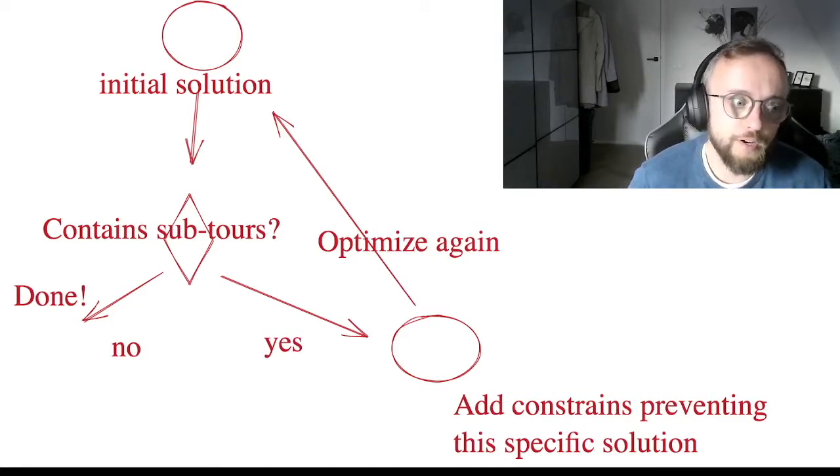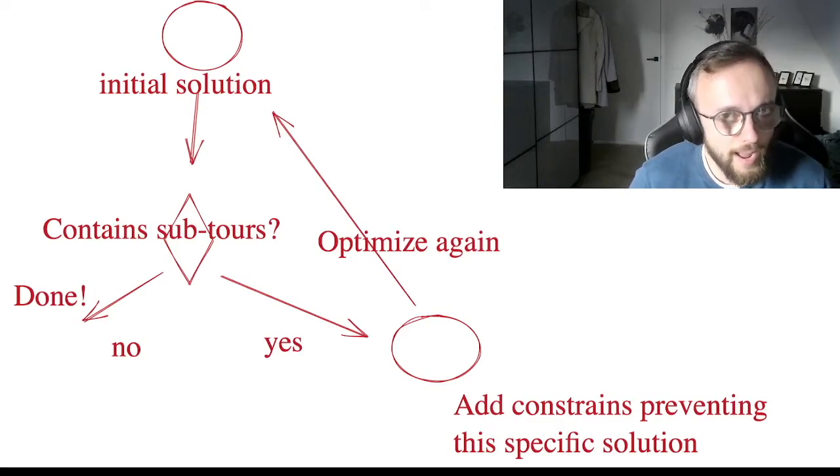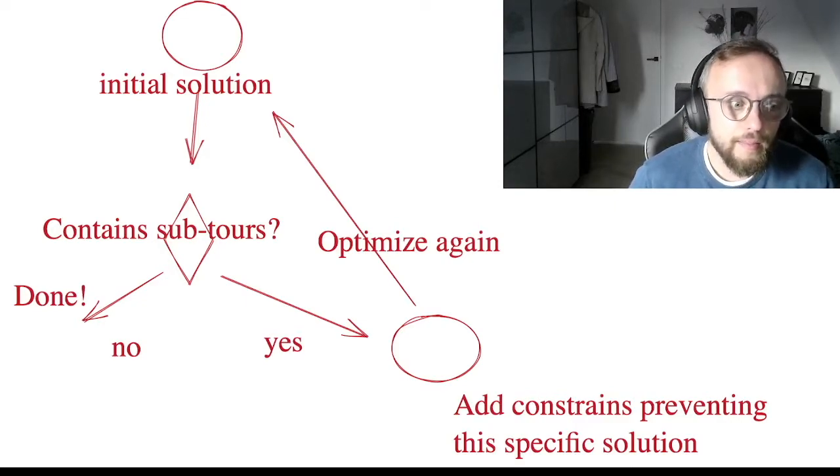In short, start with an initial solution without caring about subtours. In case it contains subtours, only then add a constraint that eliminates this particular solution and then start again. This will work the same in callbacks.